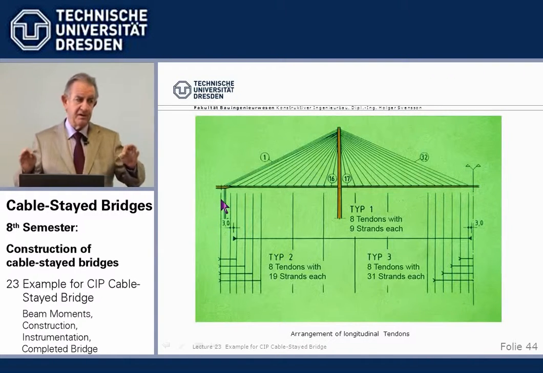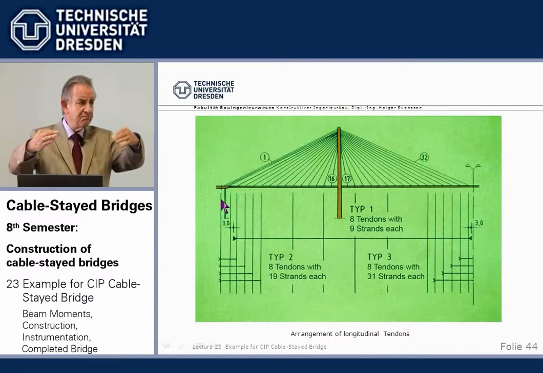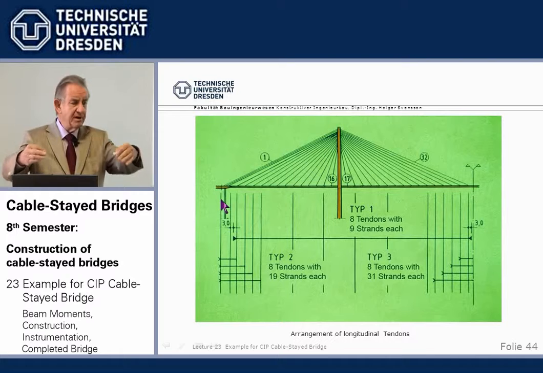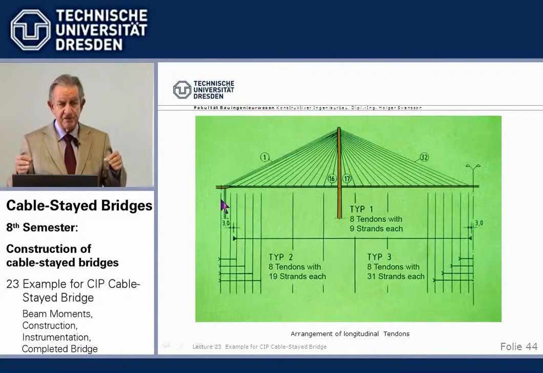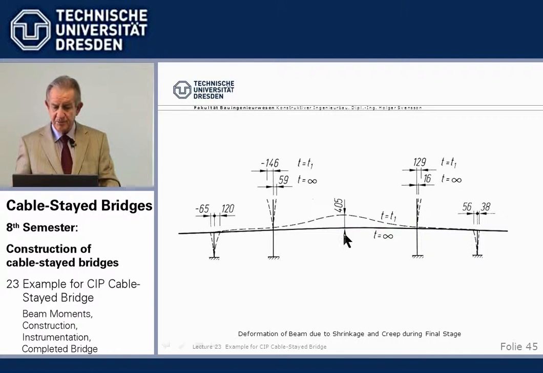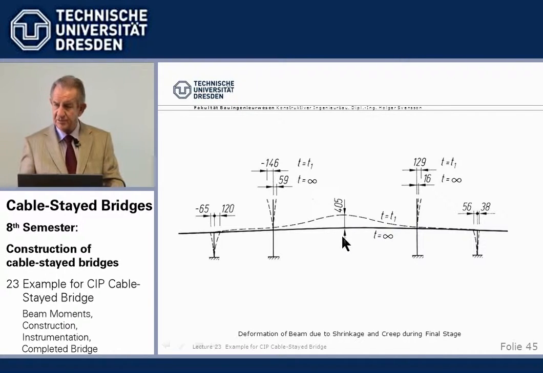After closing the bridge and T equals infinity, meaning for the shrinkage and creep taking place over the life of the bridge, the beam goes down by 405 millimeters, nearly half a meter, and the tower tips come to the inside, outside, depending where you are, by about 200 millimeters.